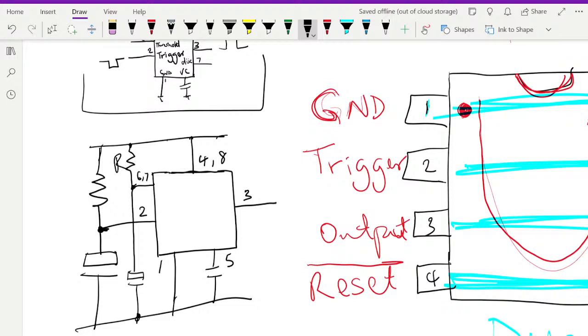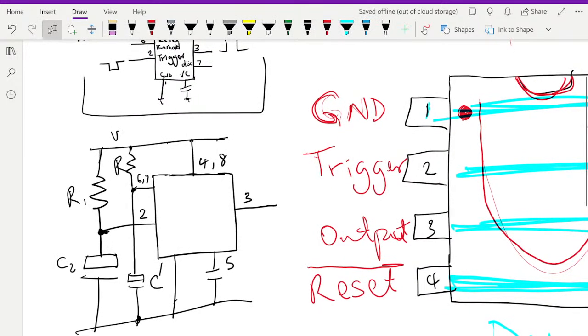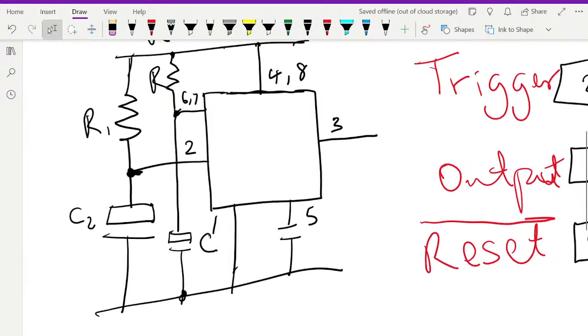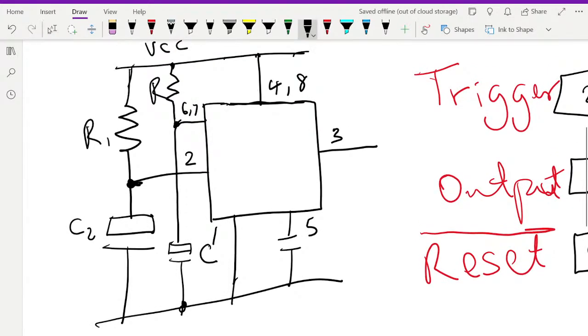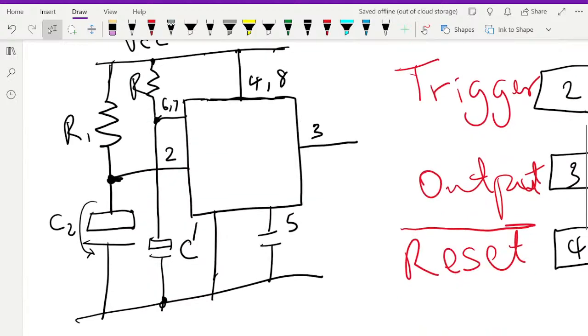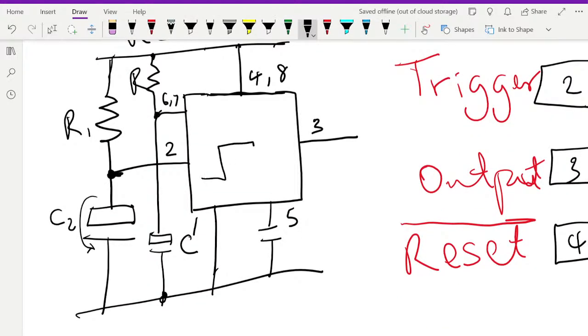This will be my R, this will be my C. This can be any R number and this can be any C number, it doesn't matter. But what happens here is when I boot up this circuit, this is my VCC. When I boot up this circuit, momentarily this will short to ground, and that will trigger, because pin 2 is a trigger, so that will trigger my monostable period. It gives me that pulse on the output.